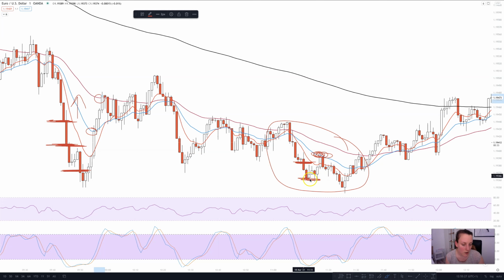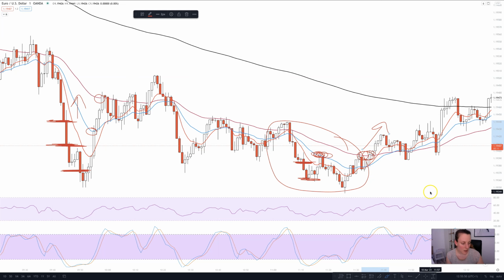So in this example, it goes to the 20, it bounces back, it goes down again, and from here it goes over the 50 and up again. But you never can know this beforehand.